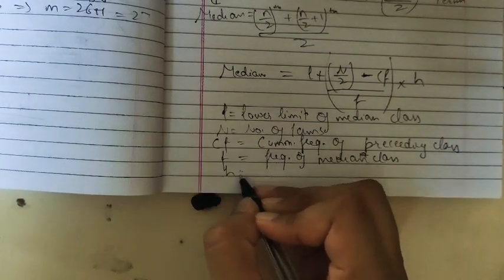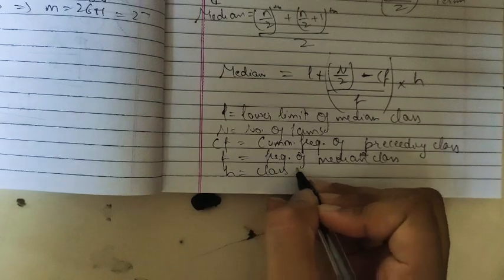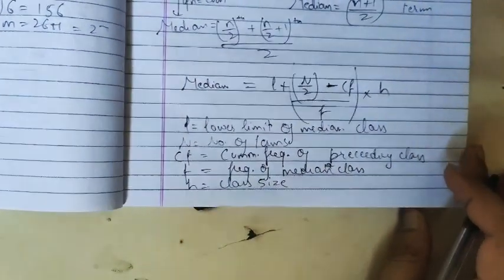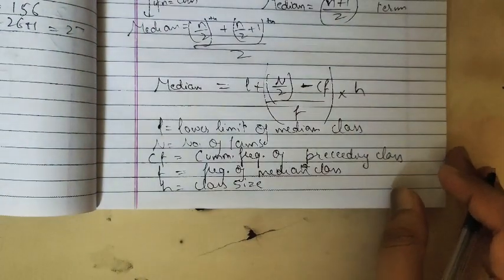H is the class size, upper limit minus lower limit. So these formulas we will be using in this exercise.